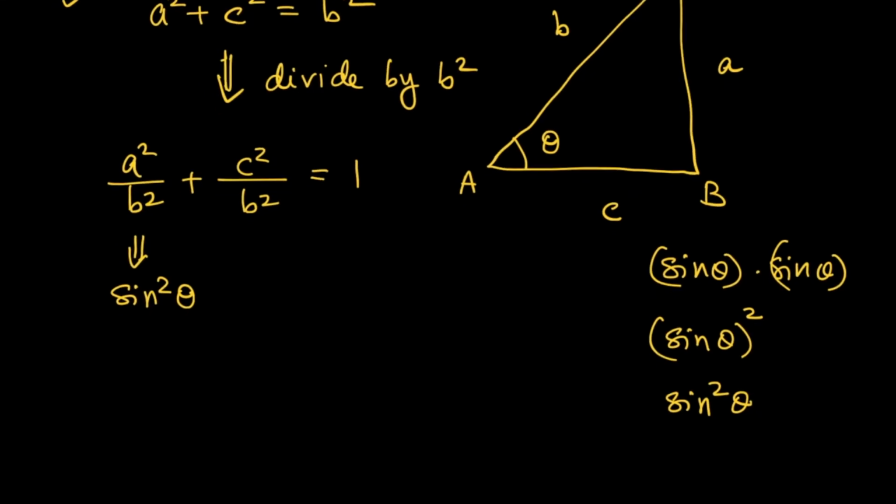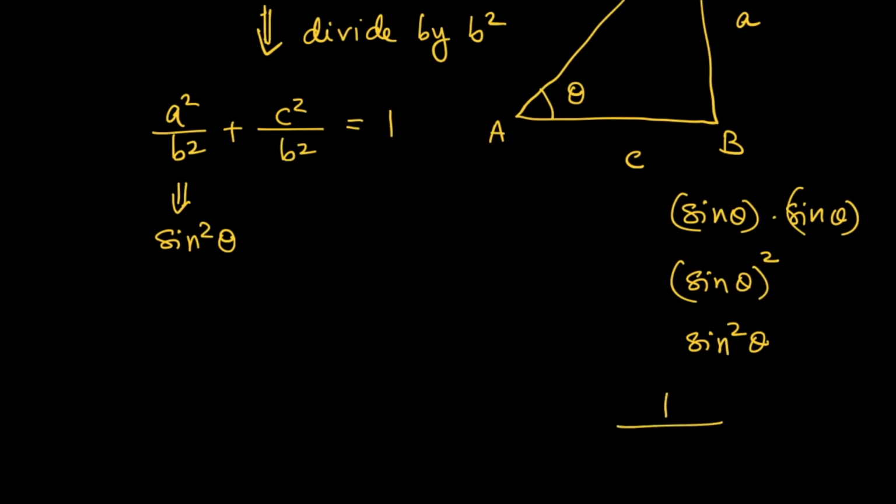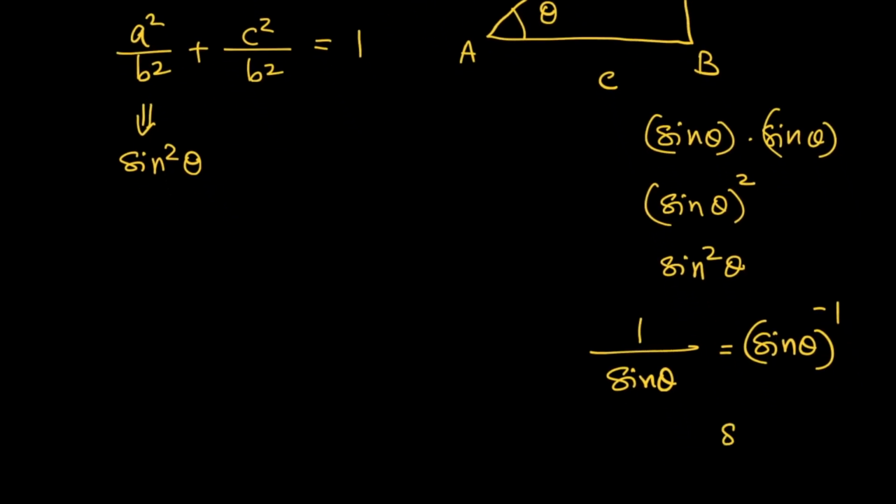And similarly, when you take the reciprocal of sine theta, we are going to write it as sine theta raised to minus 1, and we won't write it as sine raised to minus 1 theta. This we will not use because this stands for some other notation. This is what we're going to call the inverse trigonometric function for sine, inverse sine function, sine inverse of theta.